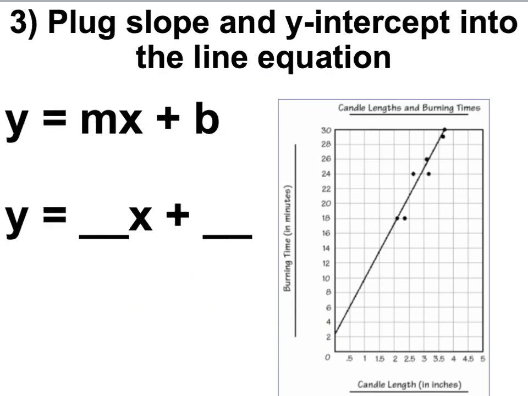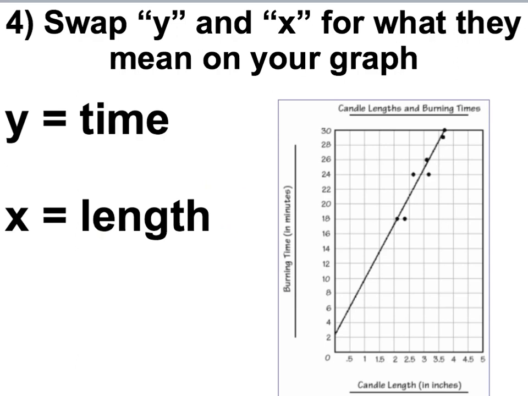Let's do that. So the equation for a line is y equals mx plus b. In this case, m is the slope, which is 8, and b is the y-intercept, which is 2.7. Now what you can do is just swap out y and x for what they mean on your graph.